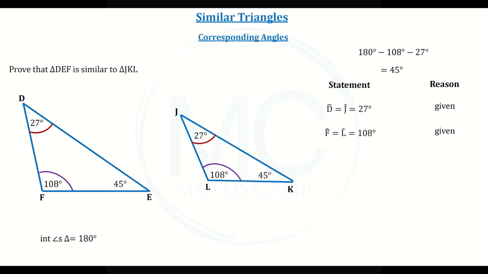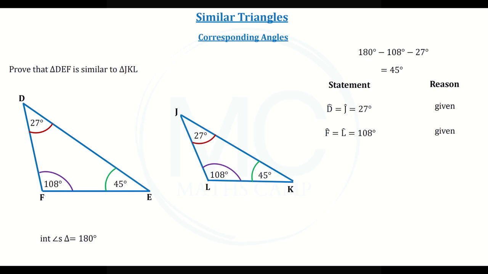Now we can look at E. E is the second letter in DEF, so let's mark angle E in green. K is the second letter in JKL, so let's mark angle K in green as well. We found that angle E is 45 degrees and we found that angle K is 45 degrees.